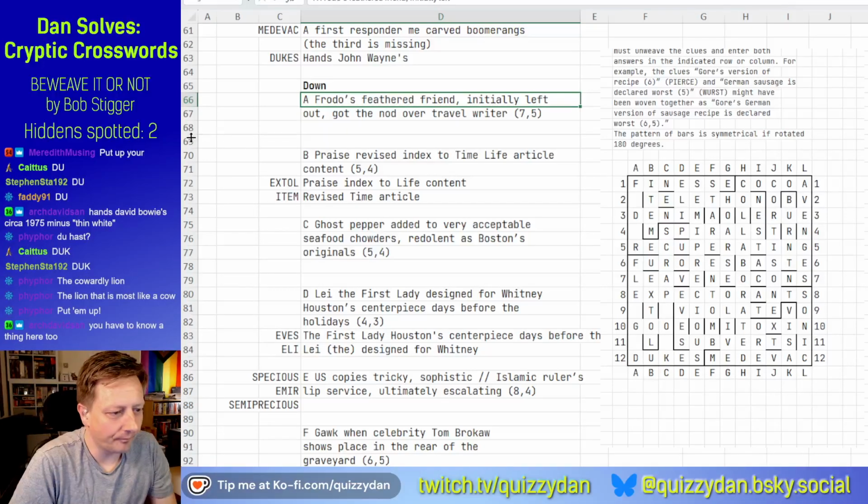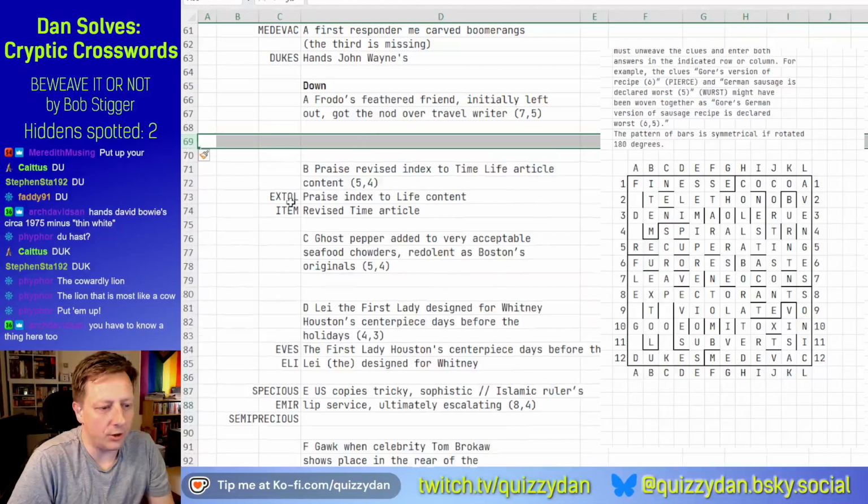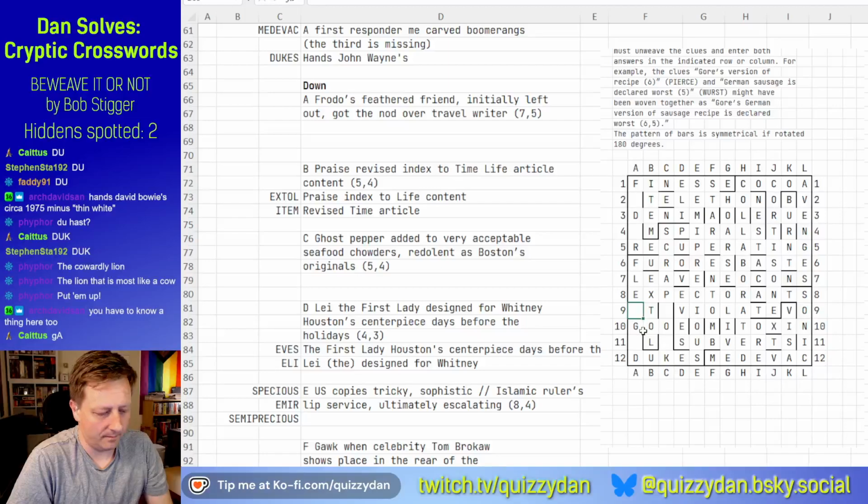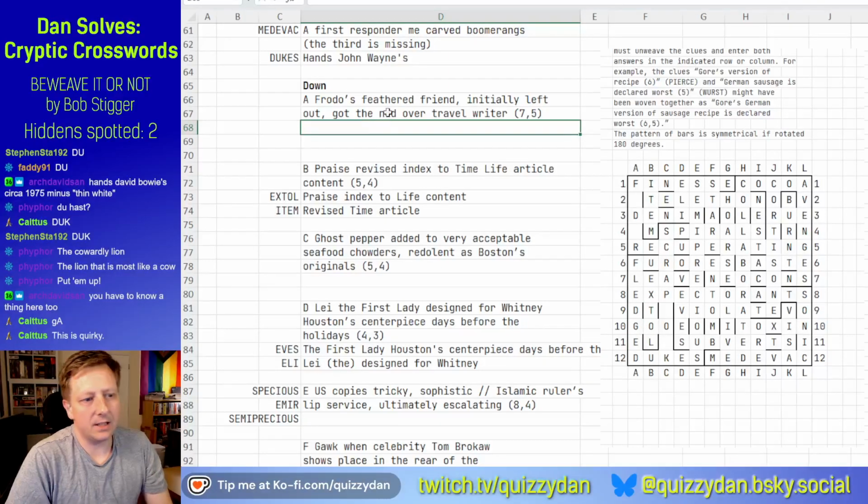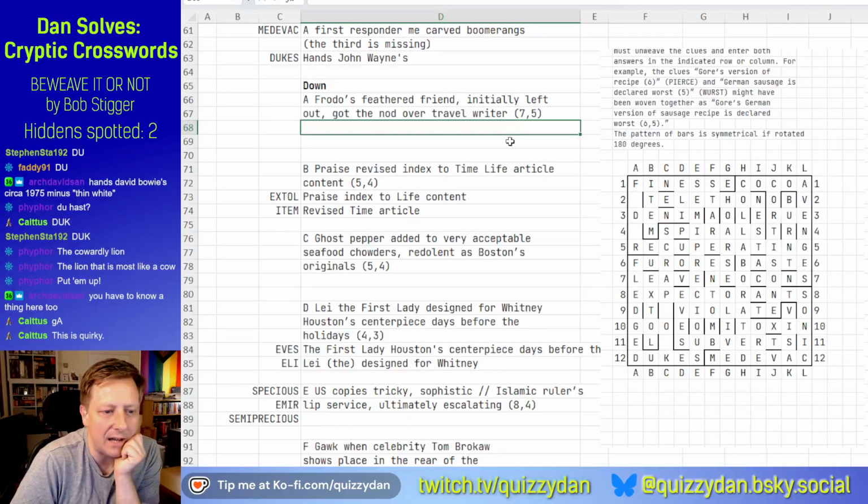Okay. So I can see the word fledged in the grid. And that's going to be feathered friend left, I think.